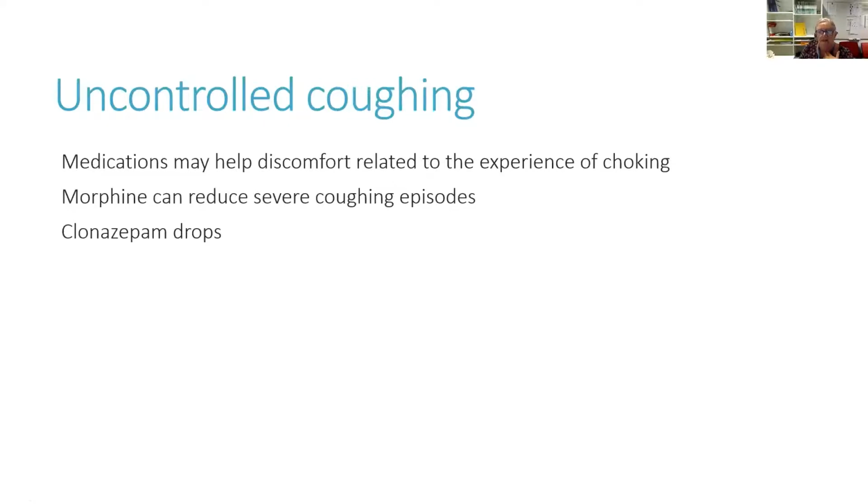Sometimes if you take big deep breaths as much as you can, that can relieve it. But sometimes people find that they do need some morphine or Ordine or even clonazepam drops just to relieve that discomfort from the laryngospasm that does occur.